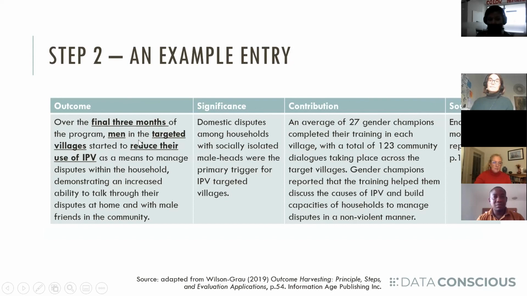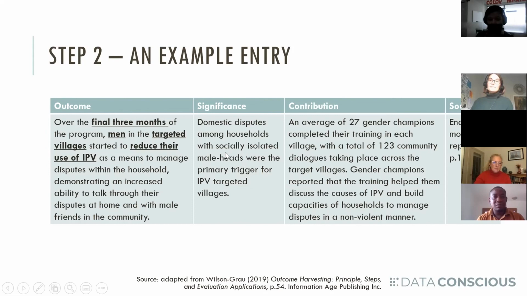So already that's quite clear. They started to reduce their use of IPV as a means to manage disputes in the household, demonstrating increased ability to use non-violent dispute resolution and to talk about their problems with male friends in the community. Right. So that's the outcome that you get from all the reports and all the conversations with faith leaders.